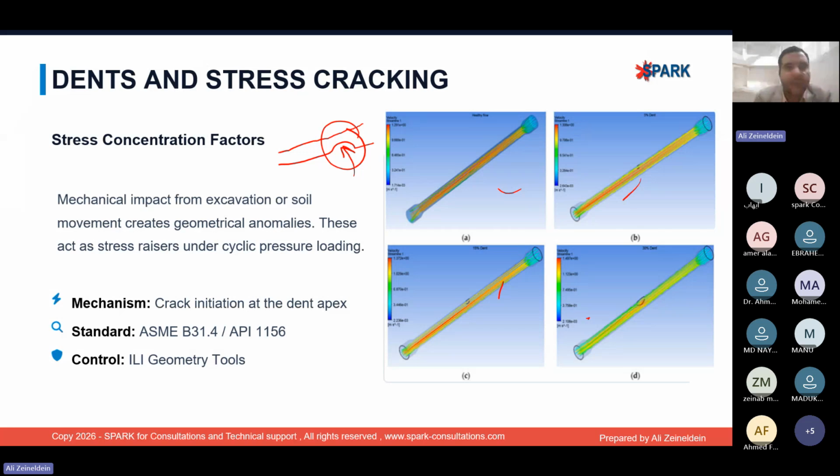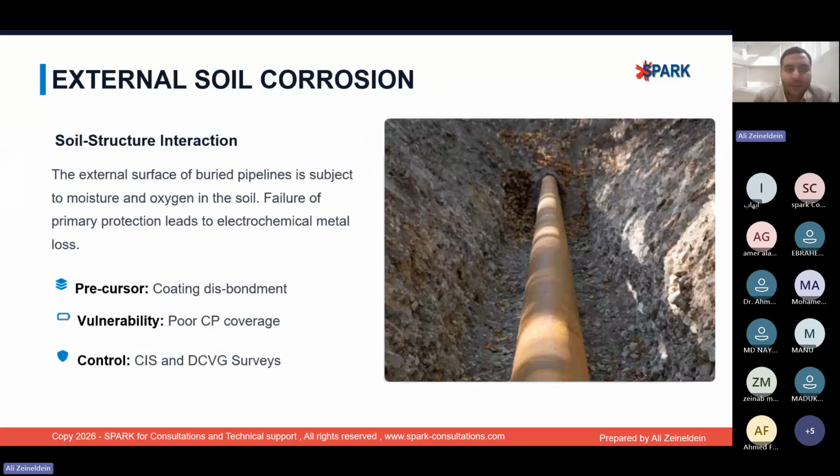Here also external soil corrosion. Apply CIS and direct current voltage gradient surveys to avoid any propagation of any external corrosion that could appear. We have in this photo an underground pipeline.